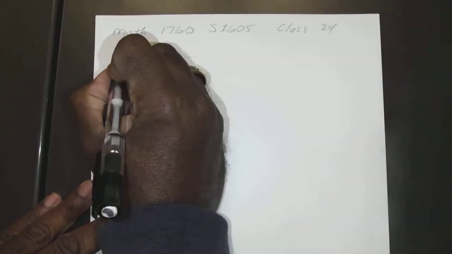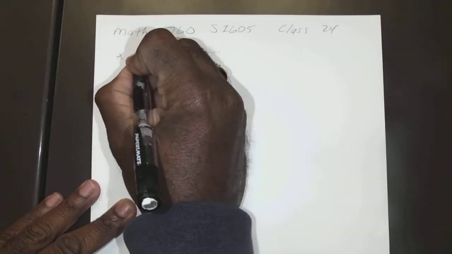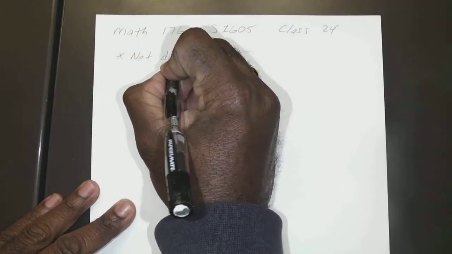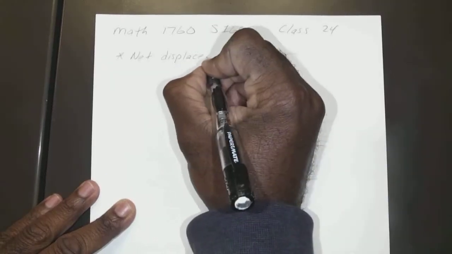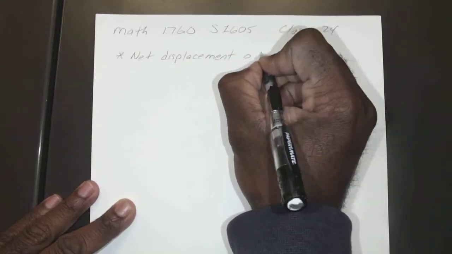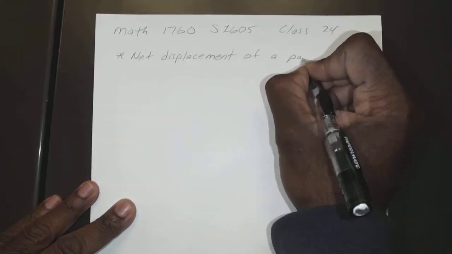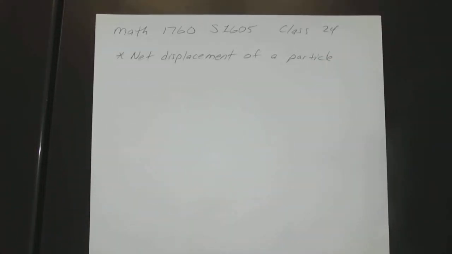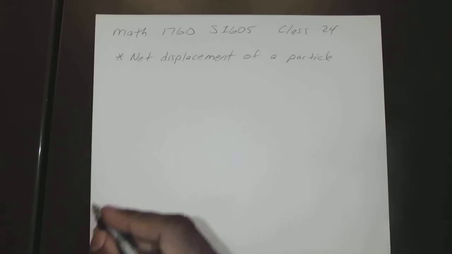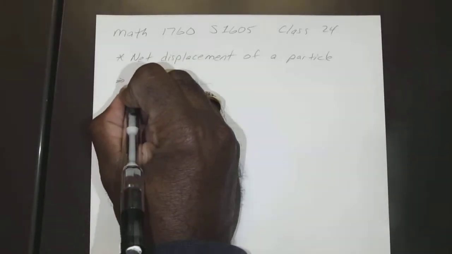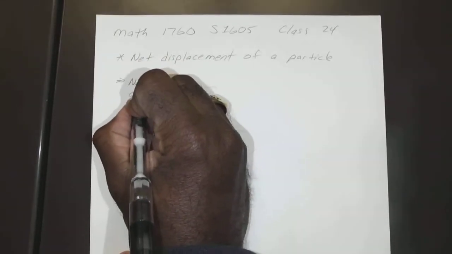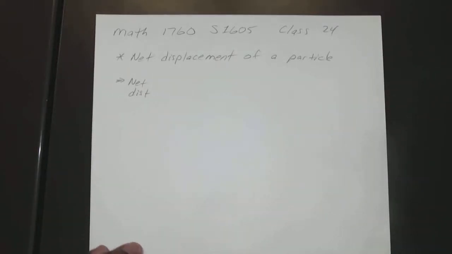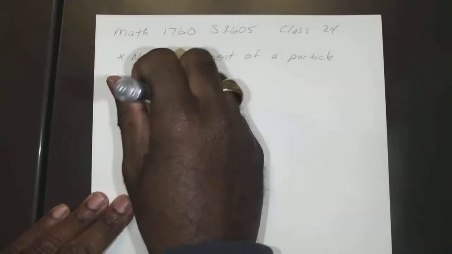Okay, so today we're going to start with the net displacement of a particle. Your net displacement is really just the amount of distance you actually covered from where you started to where you finished.